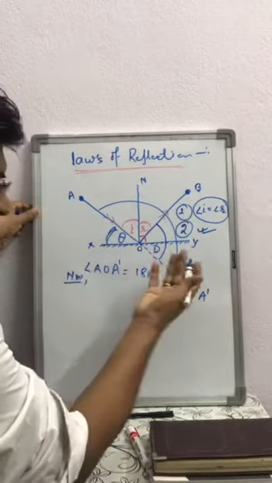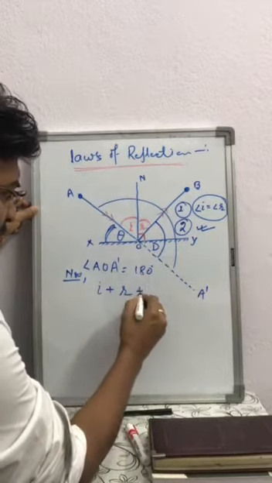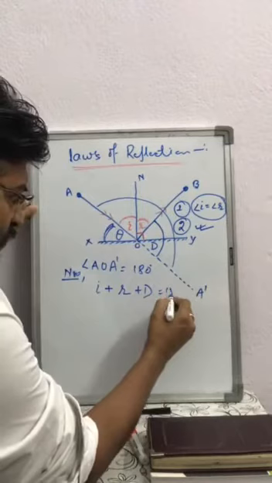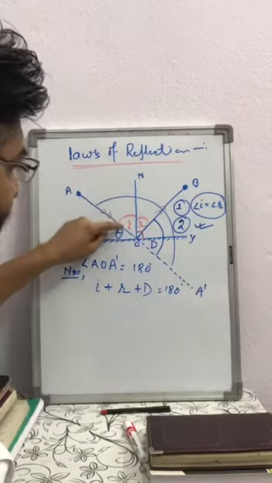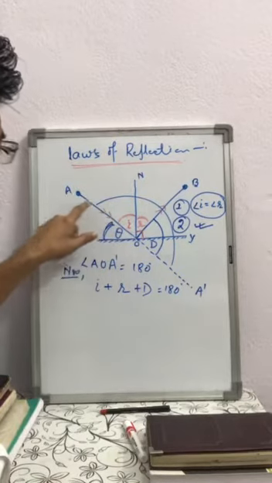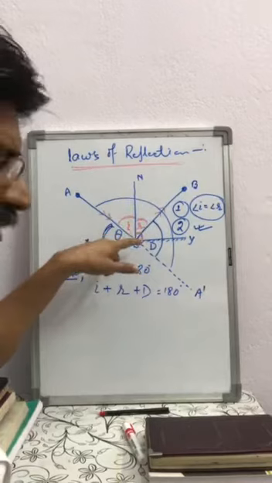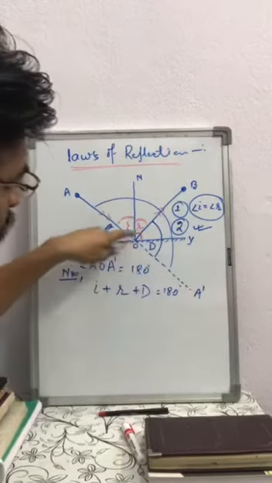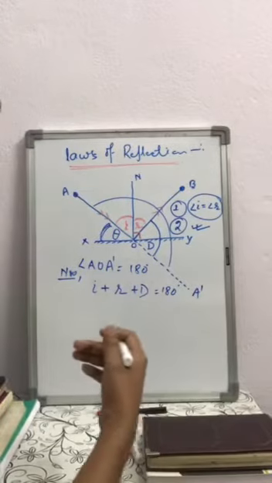Now, we can also write angle I plus angle R plus angle D is equal to 180, because here AON is I, that means the angle of incidence, NOB is R, that is the angle of reflection, and A dash OB is the angle of deviation denoted by D. So these add up to 180.